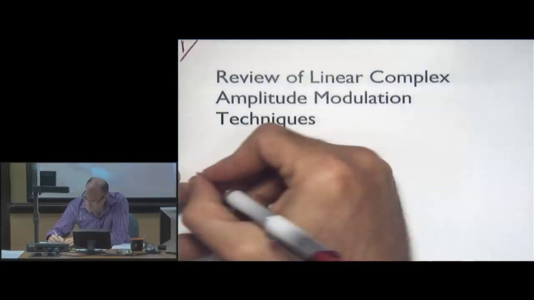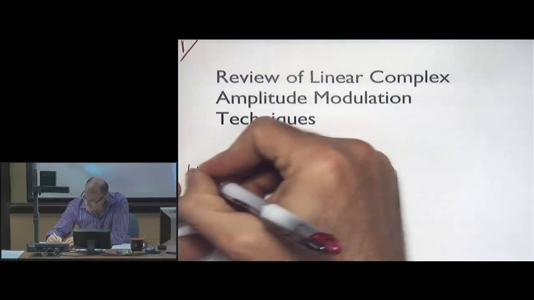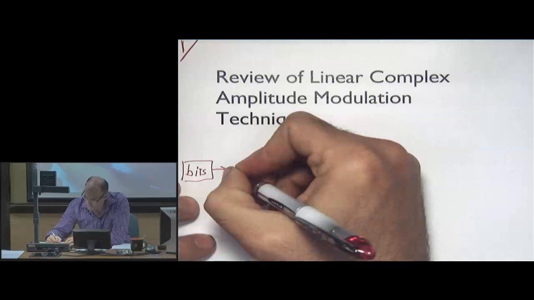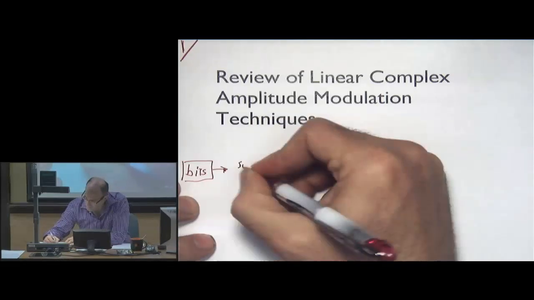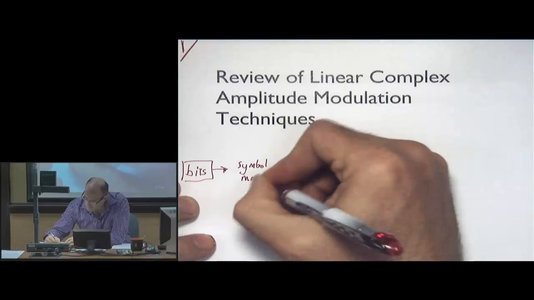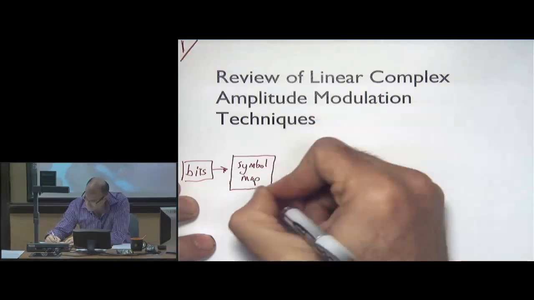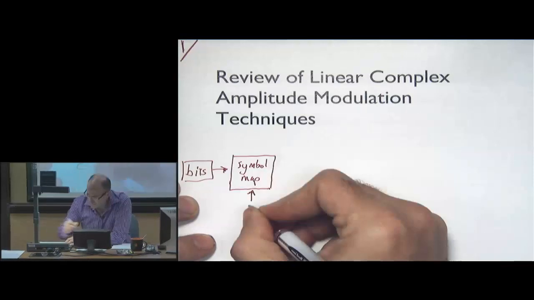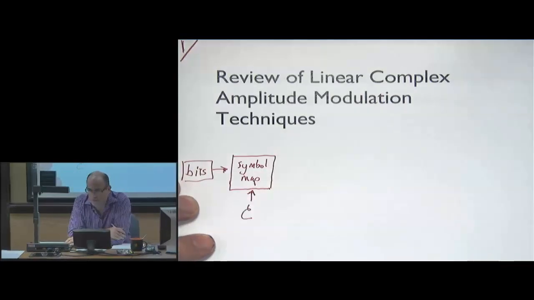That transmitter structure looks something like as follows. There's some source of bits that is getting converted to symbols through the symbol mapping operation. And the input to that symbol map is this constellation set C. That's what we're going to talk about a little bit later, and we also talked about that last Wednesday.